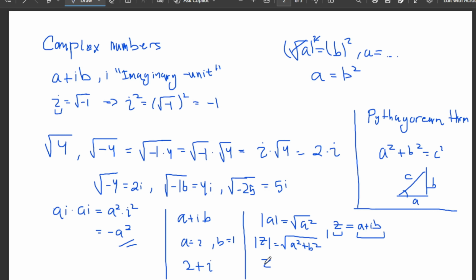The conjugate of Z is the same thing as a minus ib, so you just make the positive sign into a negative sign. Likewise, if you take the conjugate of the conjugate again, it takes you back to the original Z, which is a plus ib.